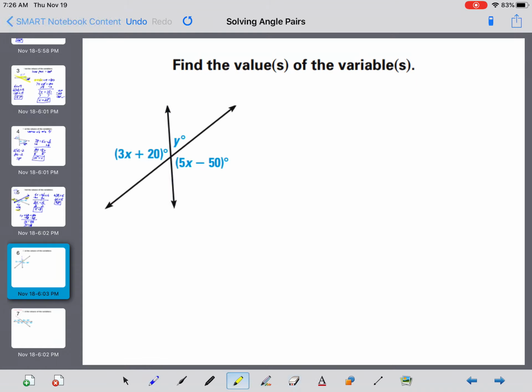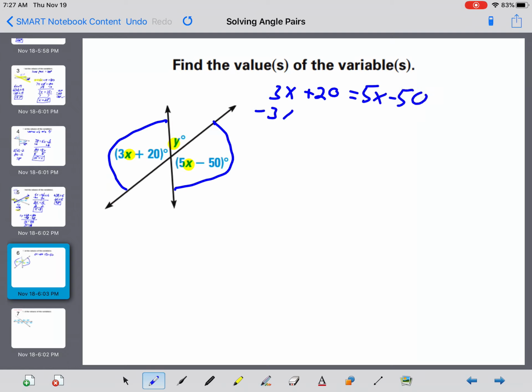Now, the only problem is that we have different variables, y, x, and x. What I would suggest is when you solve your first equation, you choose the angles that have the same variable. So here is x, and here is x. Let's set these two vertical angles equal to each other. 3x plus 20 equals 5x minus 50.